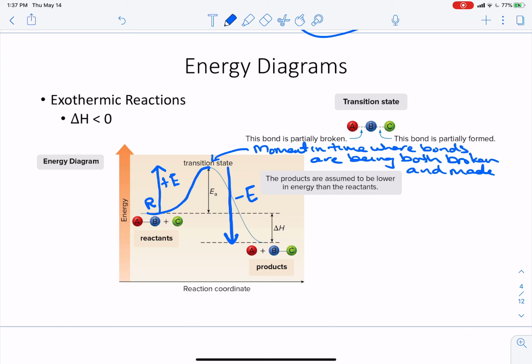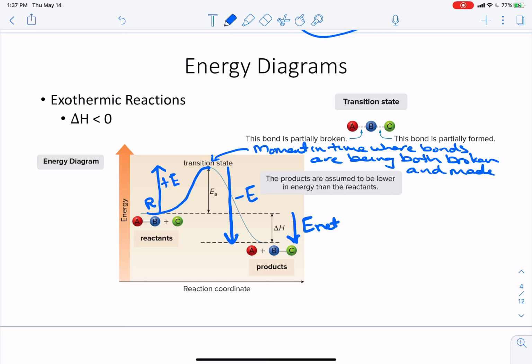And when we release energy, remember, we put the negative symbol there. So if we added the plus E with the negative E together, what we would find is we have a net release of energy. And the net release of energy is right here.